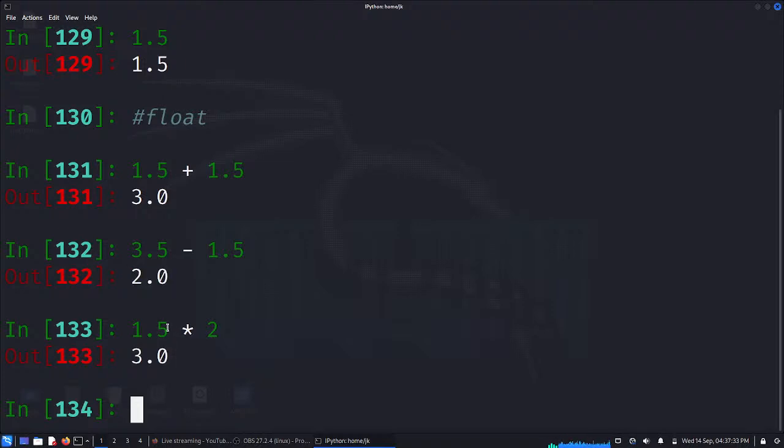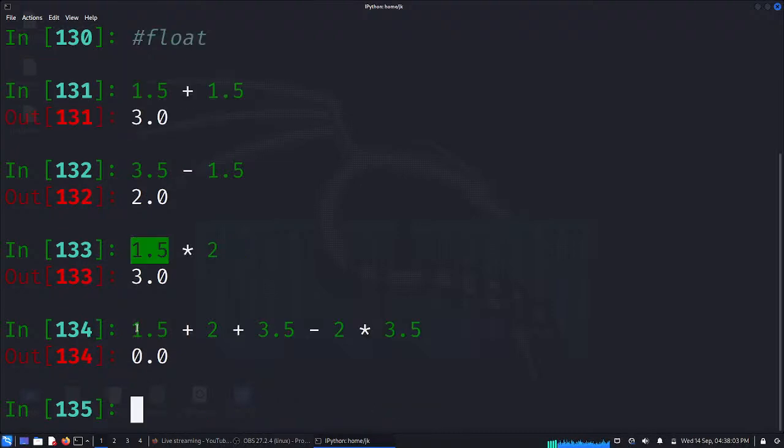Since we have one entity which is already a float object, the result is also a floating point number. And of course we can also combine 2 plus 3.5 minus 2 times 3.5, a complex expression.